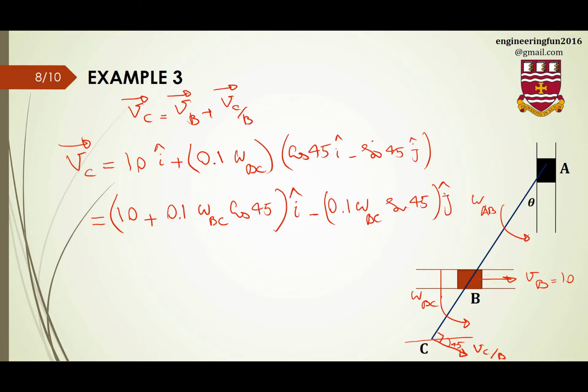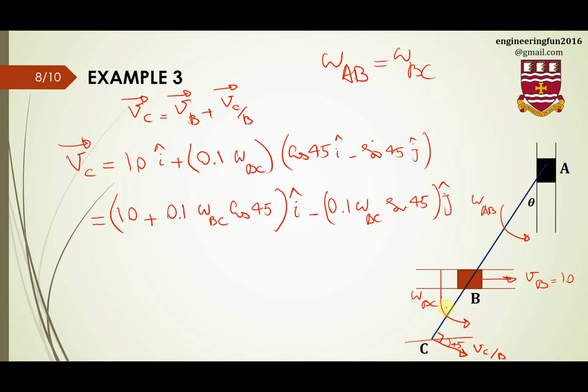There is one thing here: this rod is just one rod. It's not a combination of two rods pinned together, so the angular velocity of the rod should be the same. If I just look at this part, if it's omega AB, that has to be the same as omega BC, because it is rotating with the same angular speed.